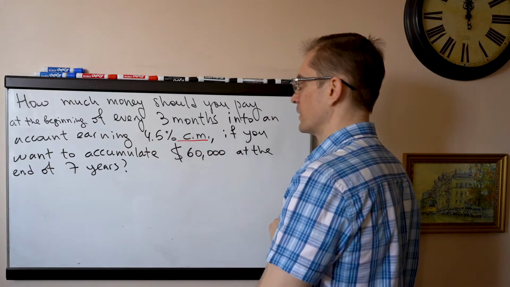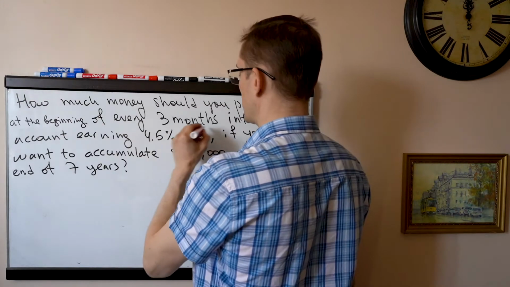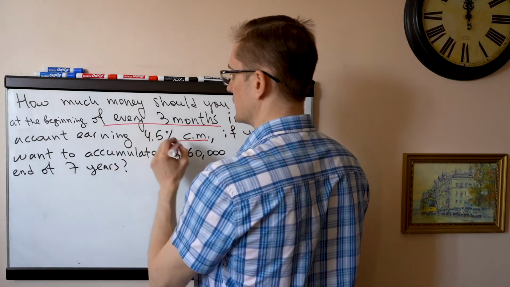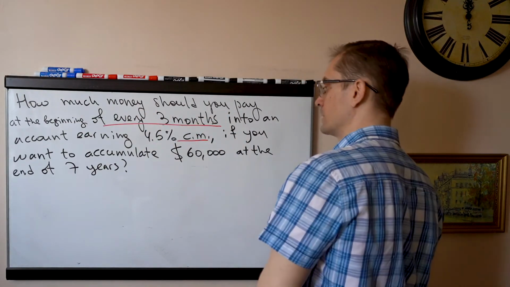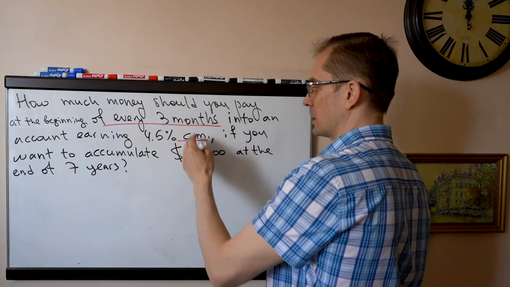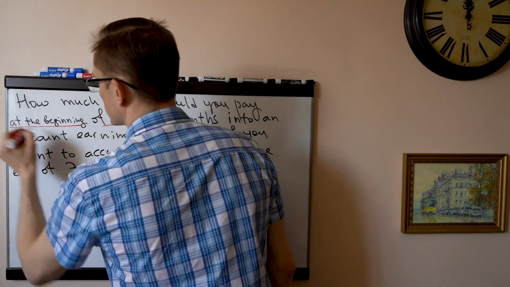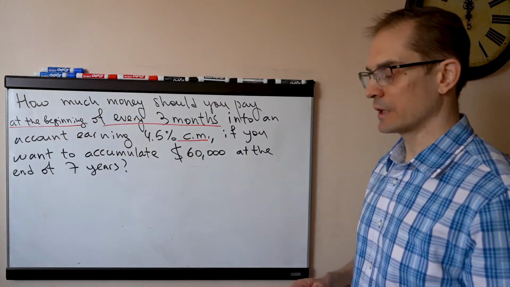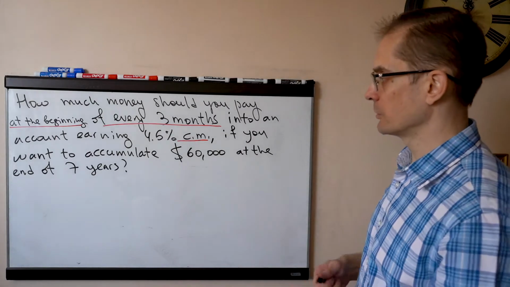Because it's 4.5% compounded monthly for the rate, but the payments are made at the beginning of every 3 months, so 4 times per year, right? Quarterly. That's why this annuity is general, and also because we have payments happening at the beginning, this annuity is due. So it is a due general annuity.